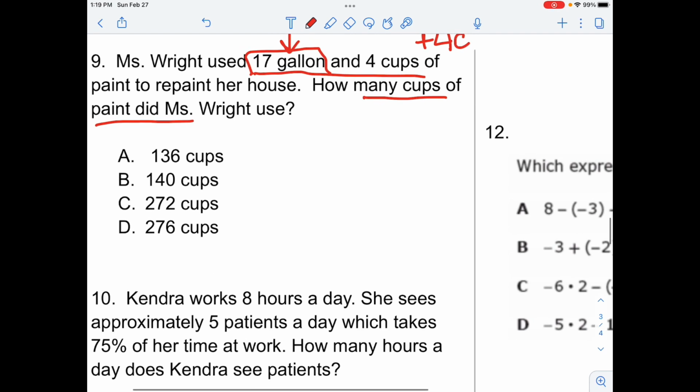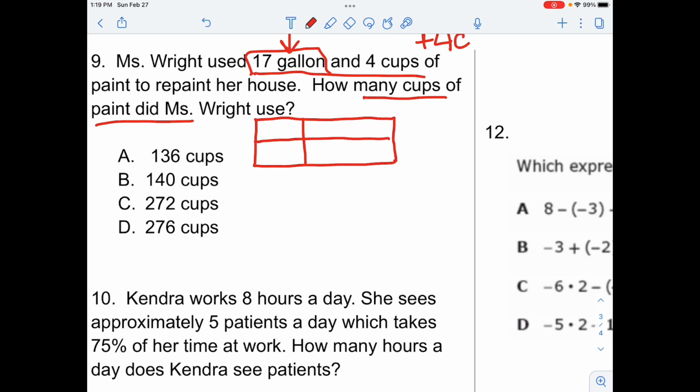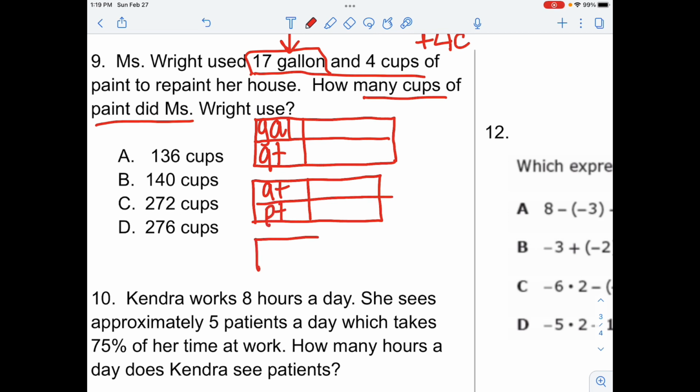Okay, so I'm going to set up 3 ratio tables here because I know dimensional analysis can be hard. So I'm going to do this step by step. Looking at my sheet, I'm going to go from gallons to quarts, and then quarts to pints, and then pints to cups.